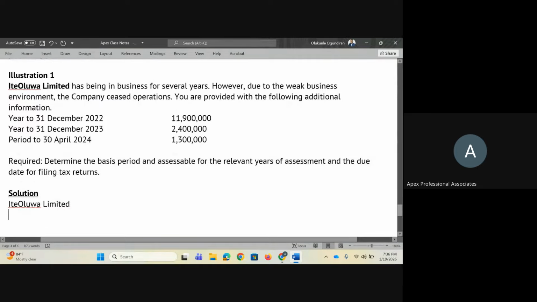So since the business ceased on 30th of April, right? It's going to be on actual year basis for the year of cessation.